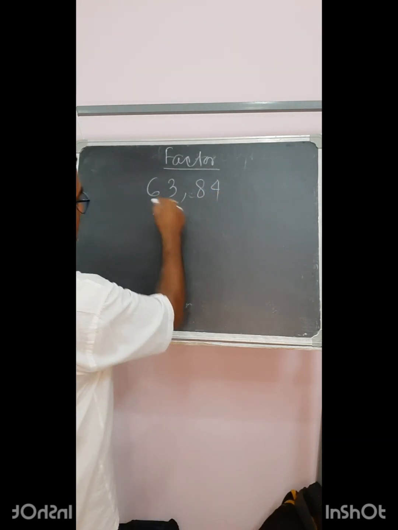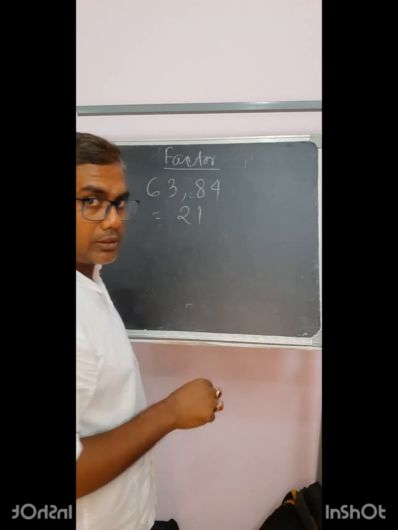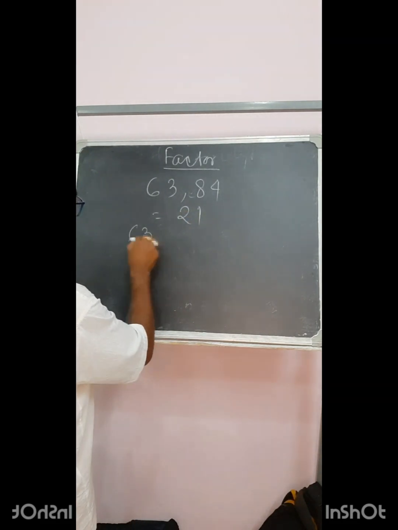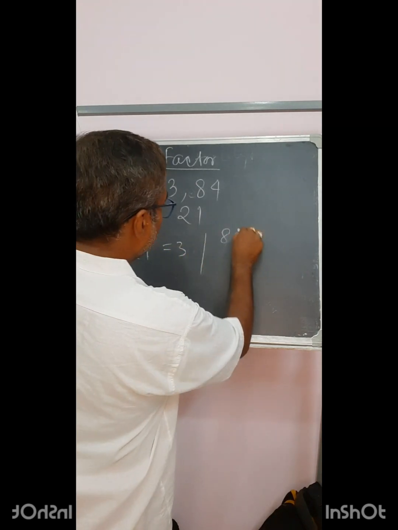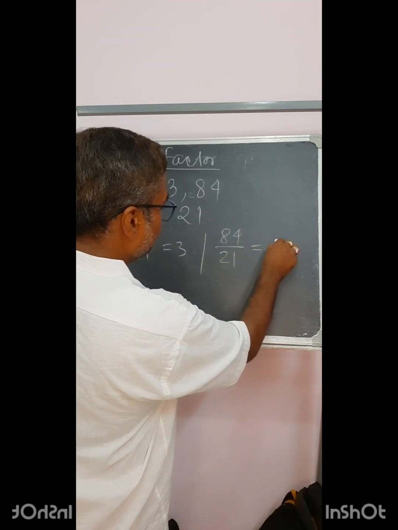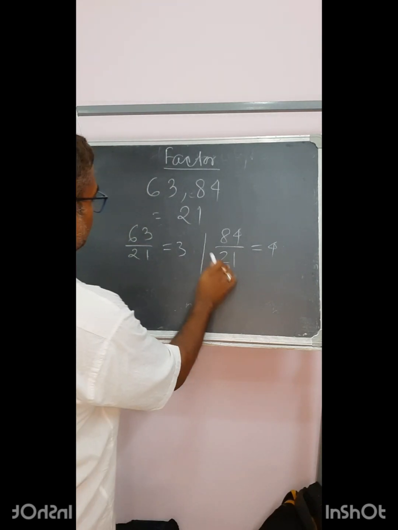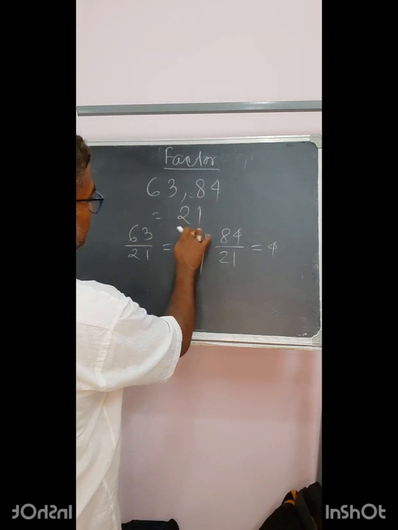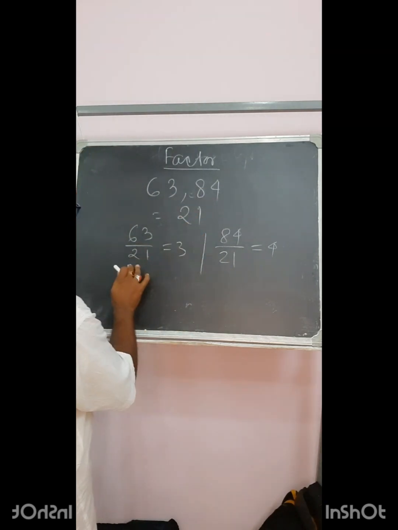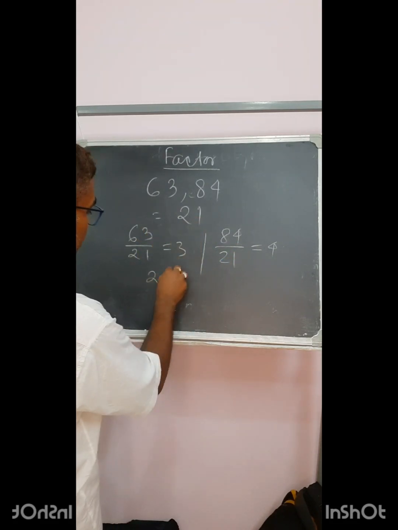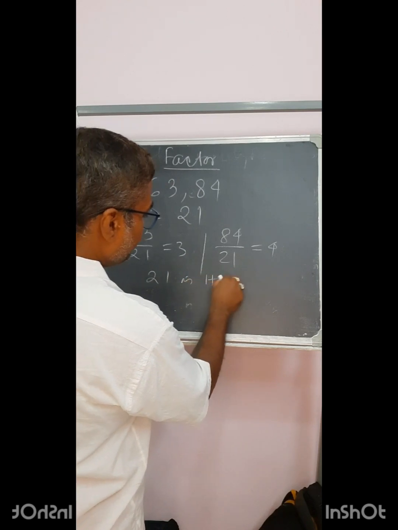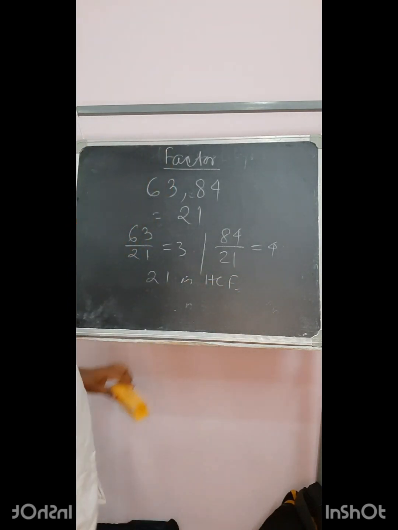The difference of this is 21. Now 63 upon 21 is 3, and 84 upon 21 is 4. So that means 21, the difference of these numbers, is a perfect divisor for these numbers. So I can say 21 is the HCF of those numbers. Okay, so this is one example.